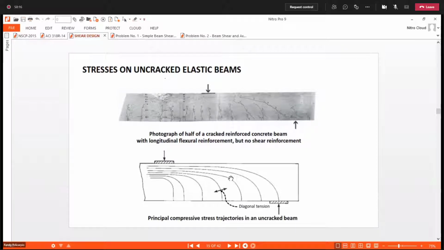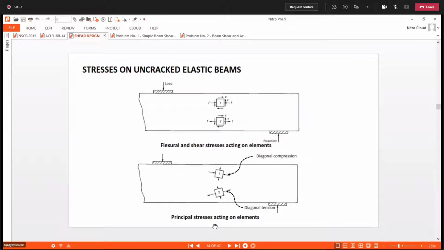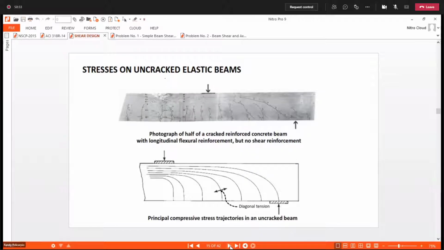This is the trajectory of the compressive stress, based on these principal stresses. They saw that it is similar to the trajectory of cracks.